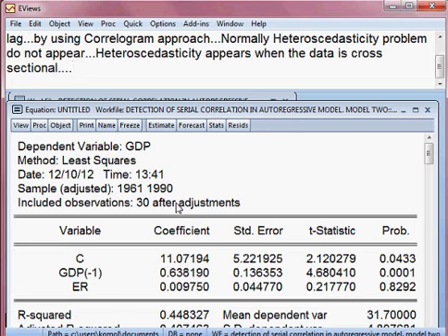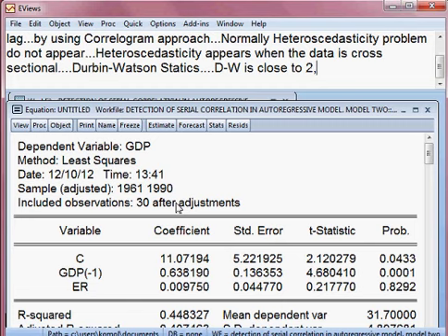Now, how to detect serial correlation? There is one way out of many. We can check the Durbin-Watson statistics, right? Normally we say if the Durbin-Watson statistic is close to 2, then probably there is no serial correlation.